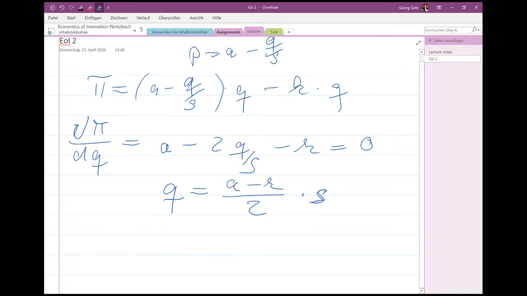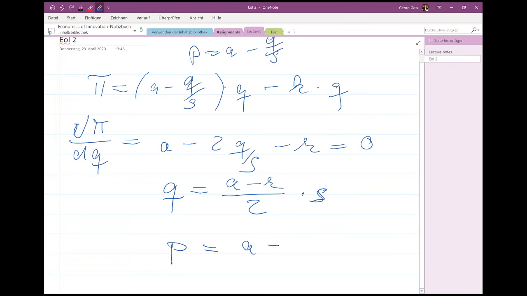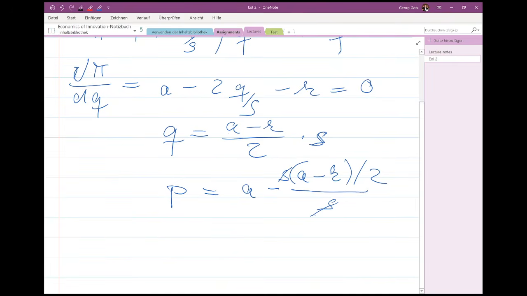And of course then P would be A minus, I have to look it up here, A minus K times S over 2 divided by S, so that we get rid of the S, and actually we get the well-known result that the price is equal to A plus K over 2.